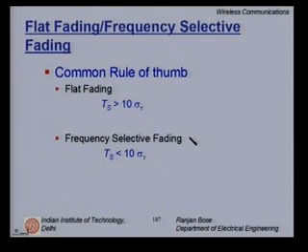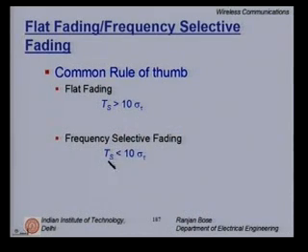So, the same channel, the same room, can behave either as a flat fading channel or as a frequency selective channel, depending upon what my symbol duration is. Fine? Question? What about the intermediate situations?